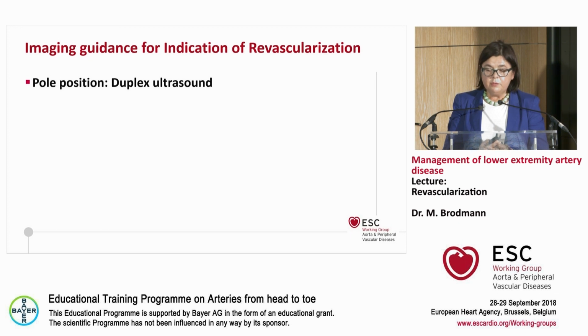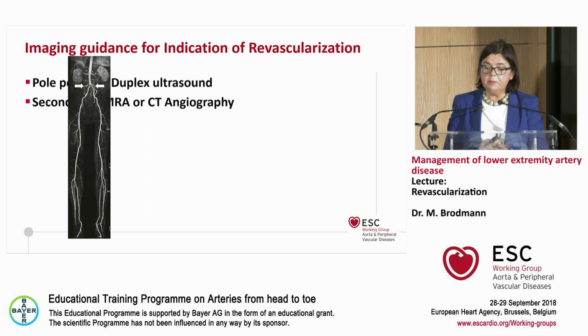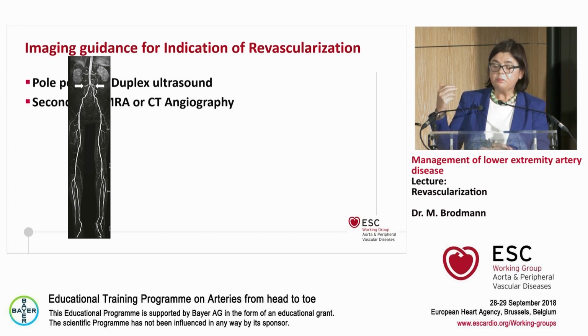The pole position for the indication of revascularization, in my mind, has duplex ultrasound. In the second row, it's MRA or CT angiography, because, for example, with MRA, you have the advantage. It's more costly.